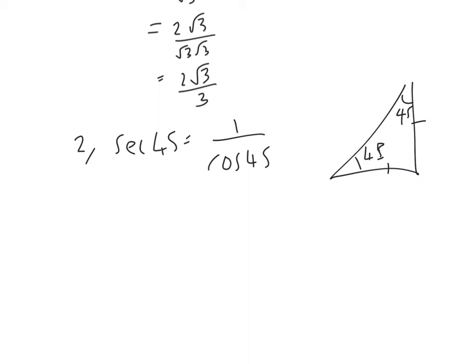So if you have an isosceles triangle with angles 45 and 45, call the short side 1, the other side will be 1. 1 squared plus 1 squared is 2, so the hypotenuse is root 2. So cos 45 is the adjacent, so let's take adjacent to be 1, and the hypotenuse root 2, so 1 over root 2. Hopefully quicker this time, you could see that there is simply root 2.